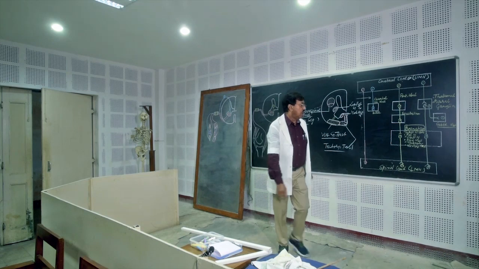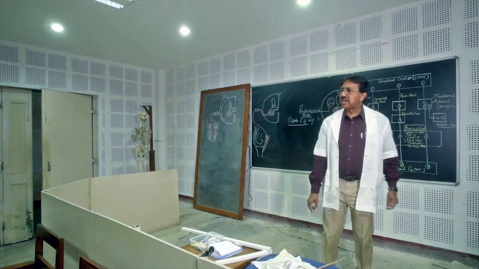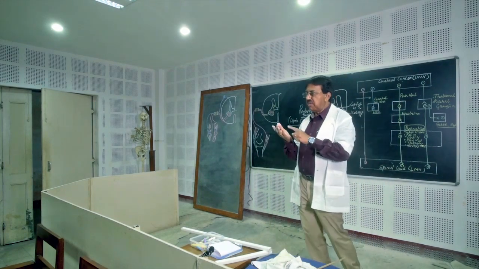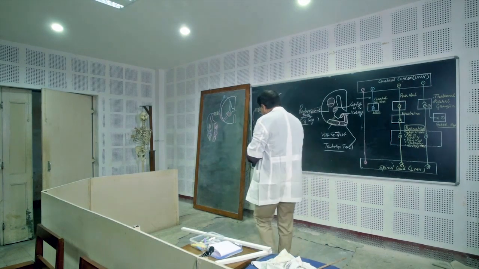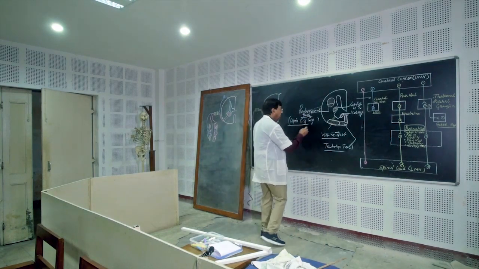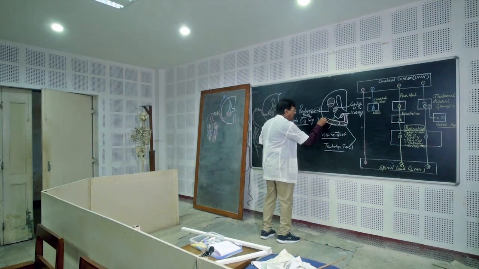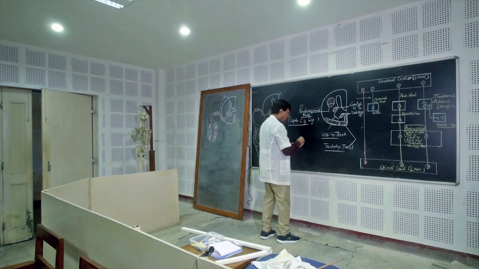The last one is olivospinal tract. Only one important point to tell: it is coming from the inferior olivary nucleus and it is located here in the lateral white column.